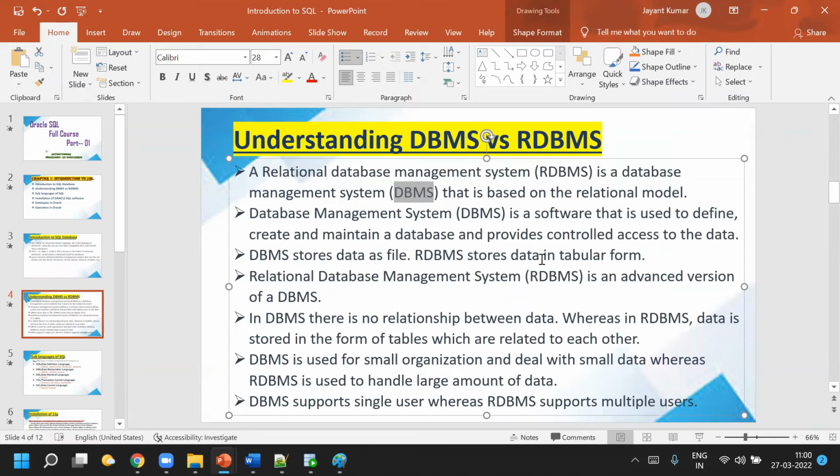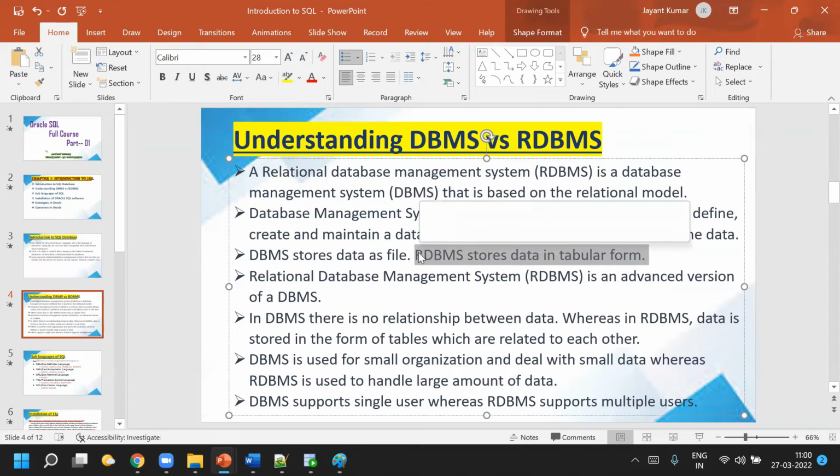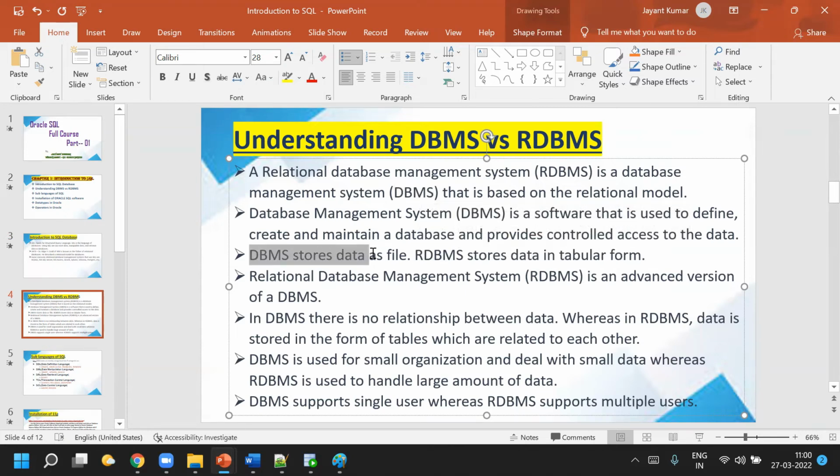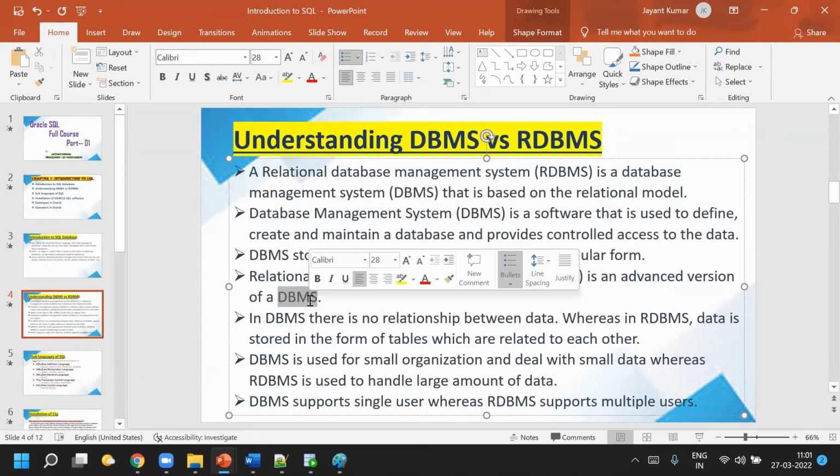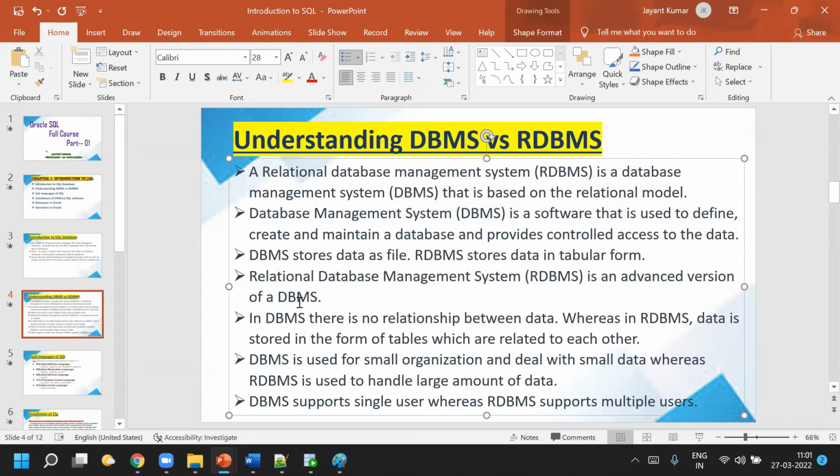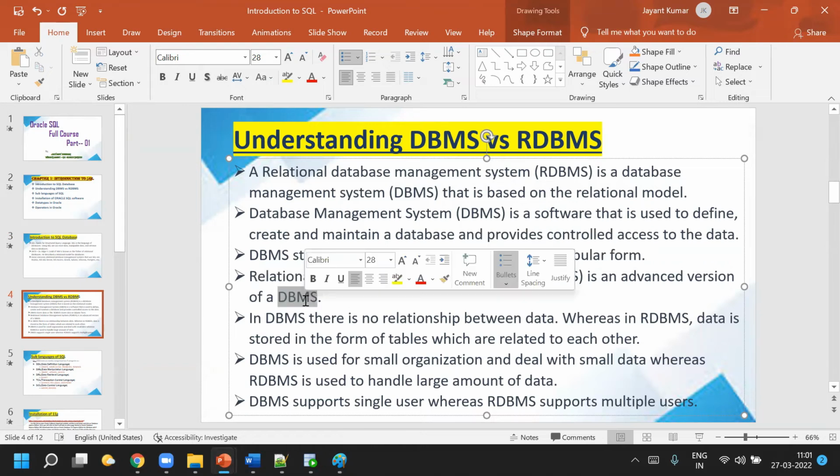RDBMS stores data in a tabular format in a database. Relational database management system is an advanced version of DBMS. Previously, people used to keep data in a file system. Later on, they developed RDBMS, and then they started storing data in a table format.